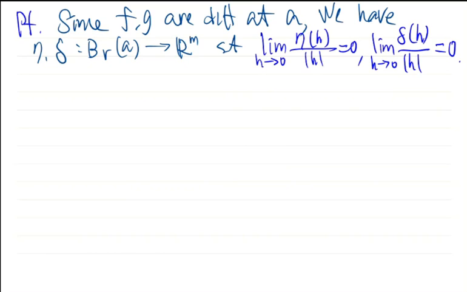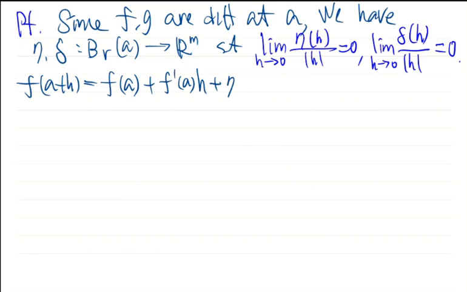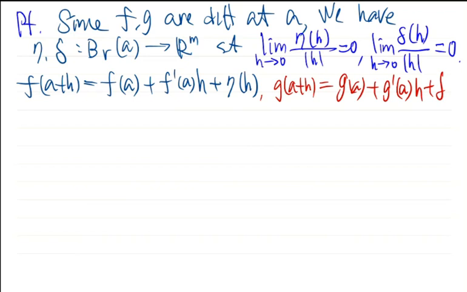And also f(a+h) is f(a) plus f'(a)h plus eta(h). And for g, g(a+h) is g(a) plus g'(a)h plus delta(h). These are consequences of the differentiability of f and g at A.